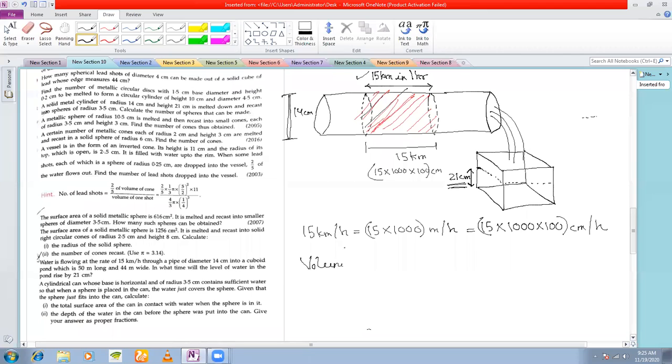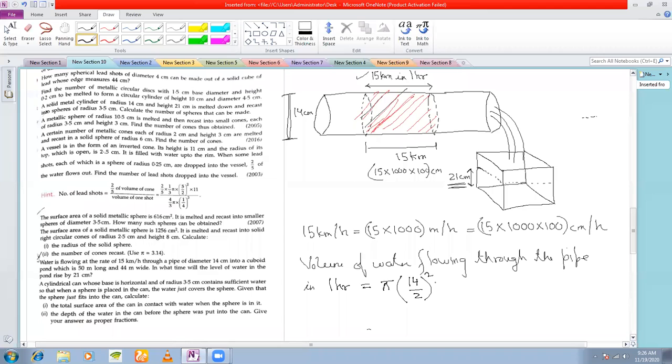The volume of water flowing through the pipe in 1 hour is equal to pi r square h. What is the radius here? Diameter of the cylindrical pipe is given to be 14, so 14 by 2 is your radius, pi r square, into height.